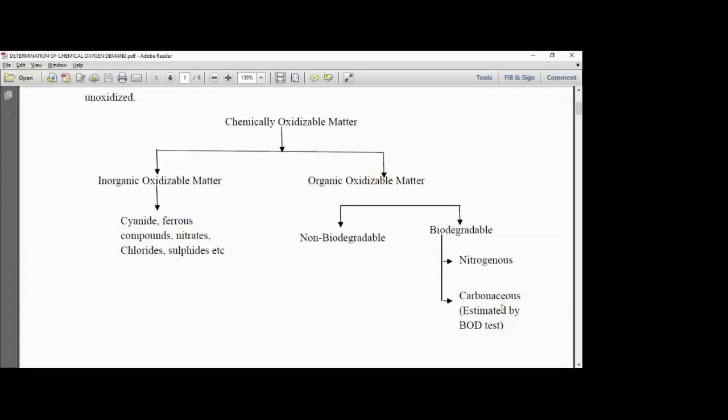BOD, if you see the definition, is the oxygen required for the oxidation of the organic matter by the microorganisms, right? So it was a complete microbial test. We didn't add any chemical oxidizing agent there. Oxygen itself was the oxidizing agent in your BOD test, right?